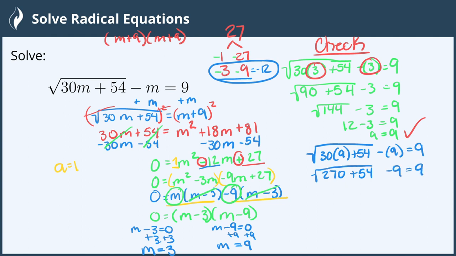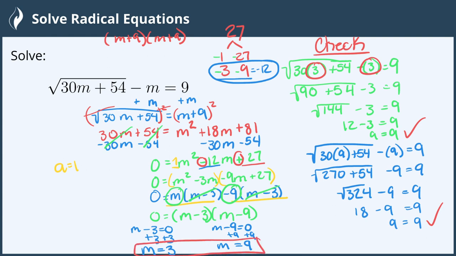Minus 9 equals 9. 270 plus 54 is 324, minus 9 equals 9. The square root of 324 is 18, and 18 minus 9 is 9, which does equal 9, and so that tells us that both of these solutions of m equals 3 and m equals 9 are correct, and we're all done.